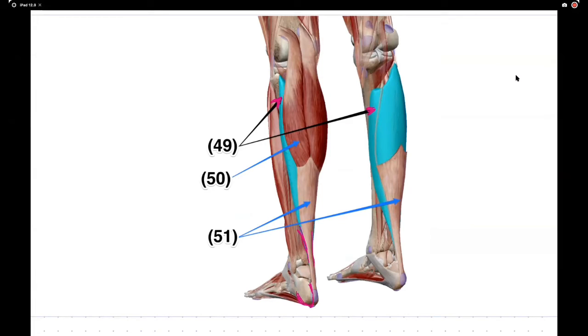What do we call this muscle, number 49? Can you remind me, please? Yes, exactly. This is my soleus. And what do we call this large muscle located superficial to it?